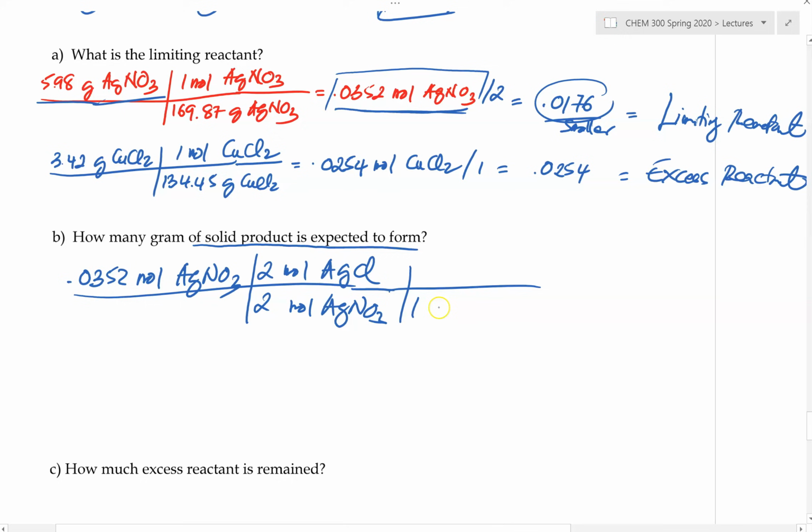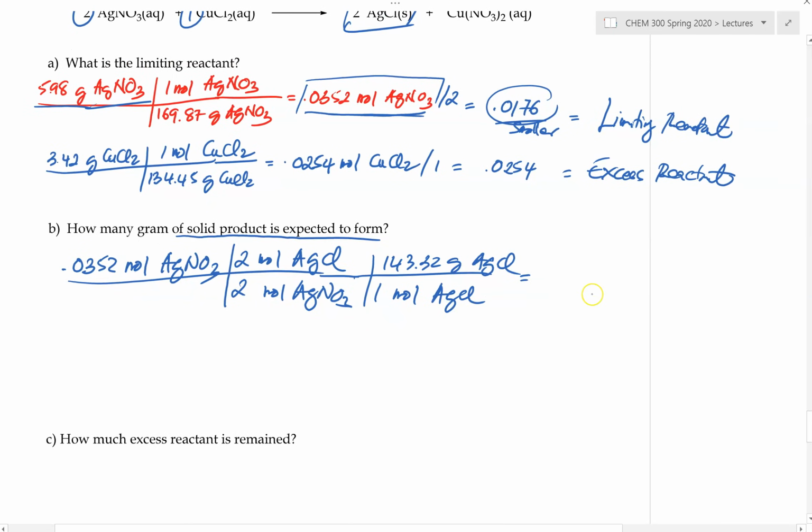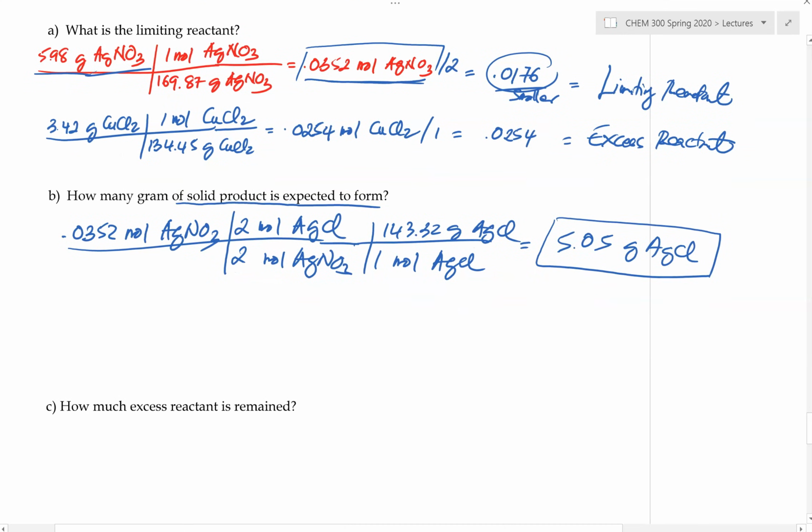And now for every 1 mole of silver chloride, its molar mass is 143.32 gram of silver chloride. And from there, we'll be able to calculate, and it equals 5.05 gram of silver chloride. So that would be how much of the silver chloride we can expect to produce in this reaction right here.